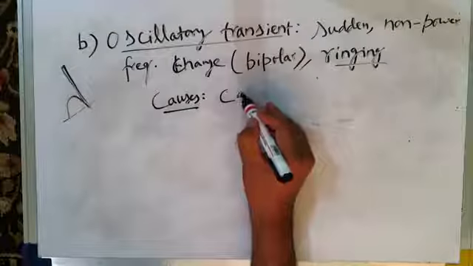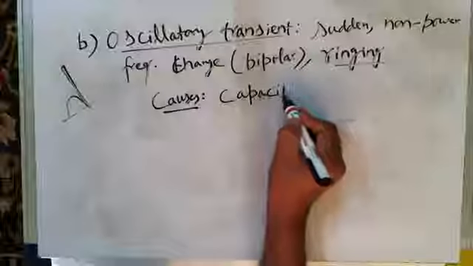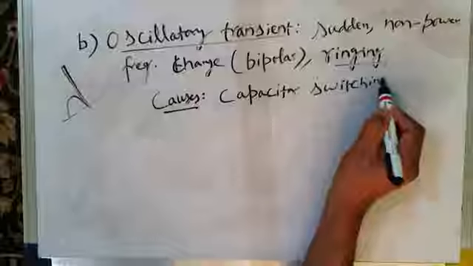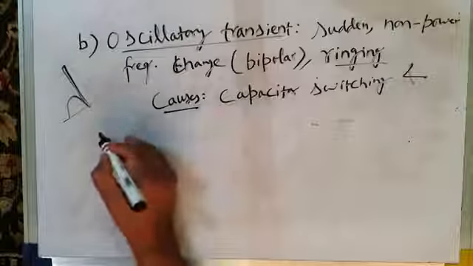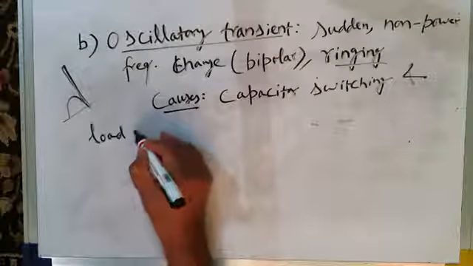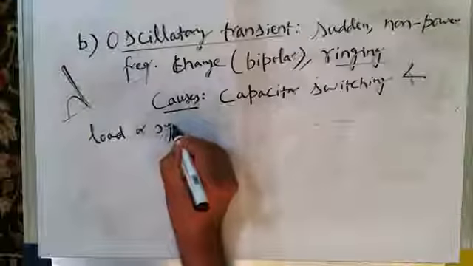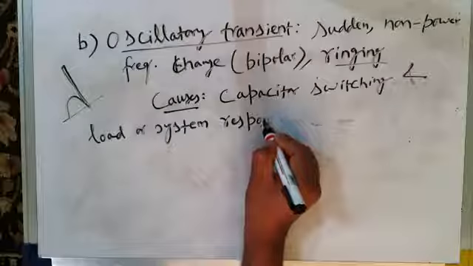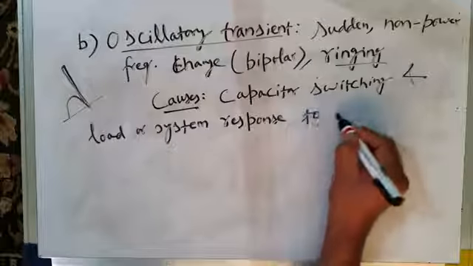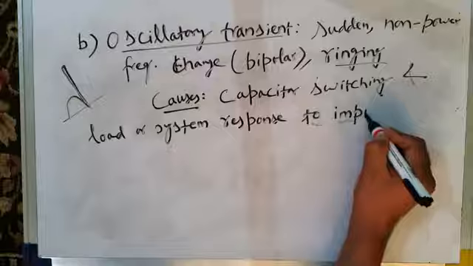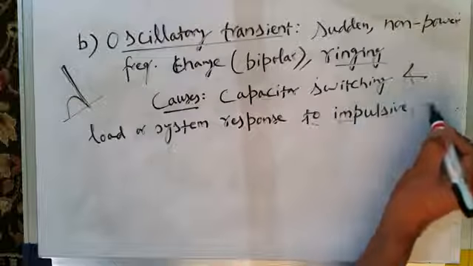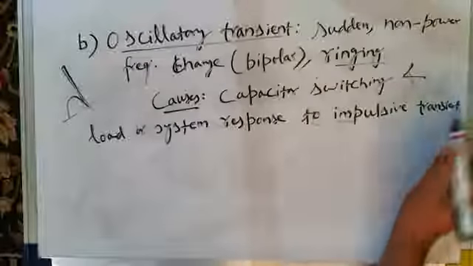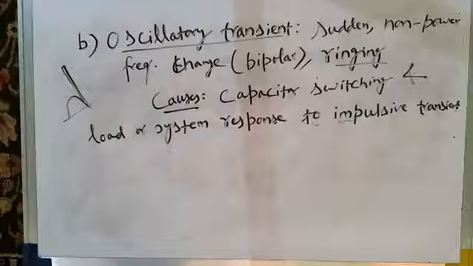Sudden capacitor switching is one of the causes of oscillatory transients, and load or system response to impulsive transient. I mean, there is an impulsive transient, and how your load responds to that impulsive transient, how the system responds to that impulsive transient.